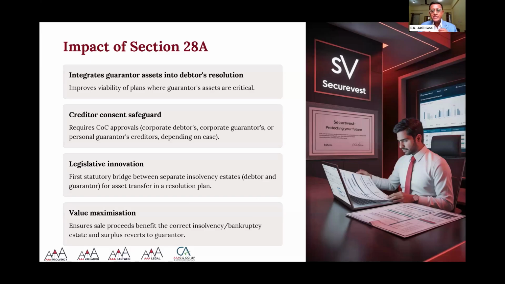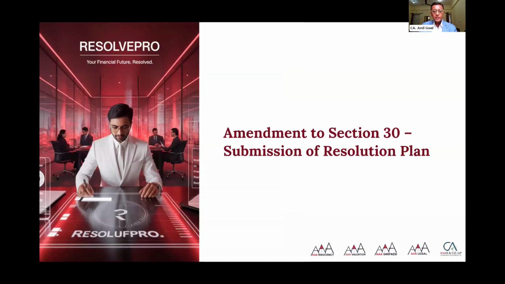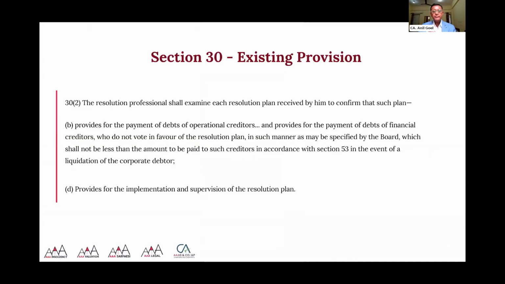The creditors' consent is required so that there is no gap in the value, which they can actually realize in another manner. So they can realize the same value in this manner. It's basically legislation, with a little bit of innovation, used so that disputes are reduced, cases are resolved and value is maximized. Moving on to section 30.